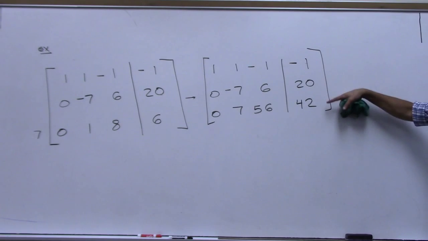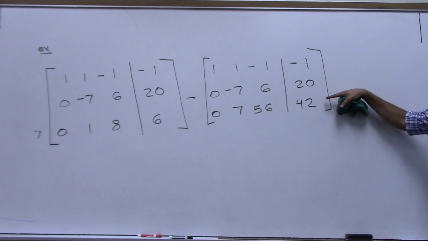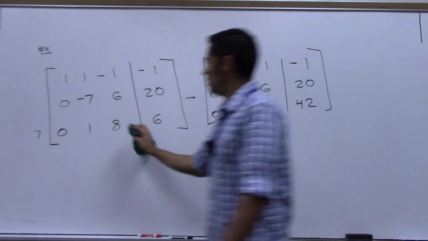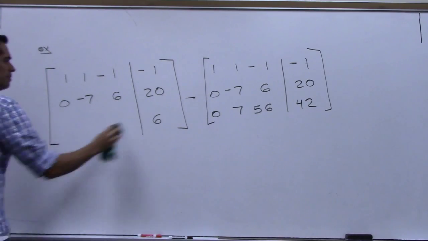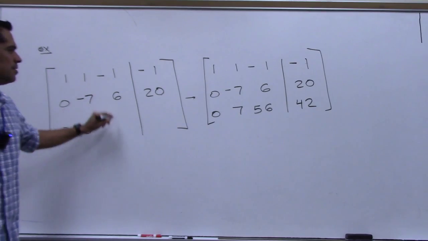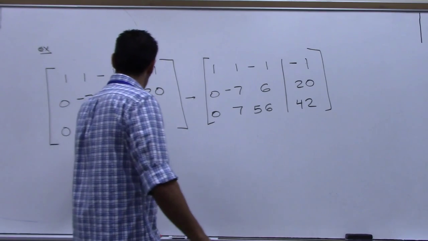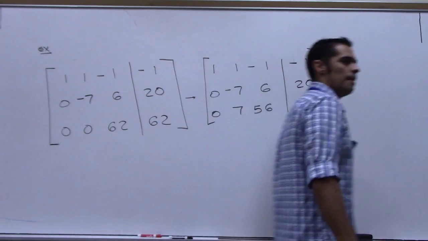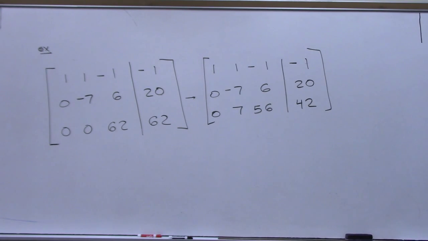Add these two together and replace the last one with it, which is going to be 0, 0, 62, 62. Boom, echelon form.